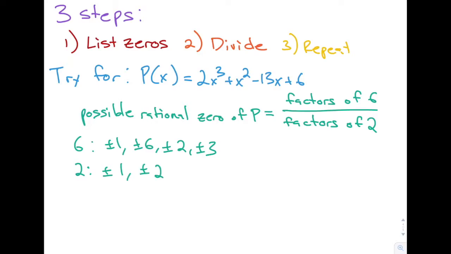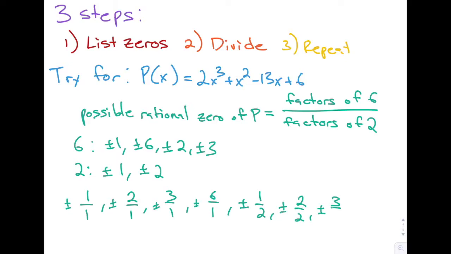So if we were to list all the possible rational zeros of p, we would do all the factors of 6 over factors of 2, each combination. So plus or minus 1 over 1, plus or minus 2 over 1, plus or minus 3 over 1, plus or minus 6 over 1, and then plus or minus 1 over 2, plus or minus 2 over 2, plus or minus 3 over 2, and plus or minus 6 over 2.